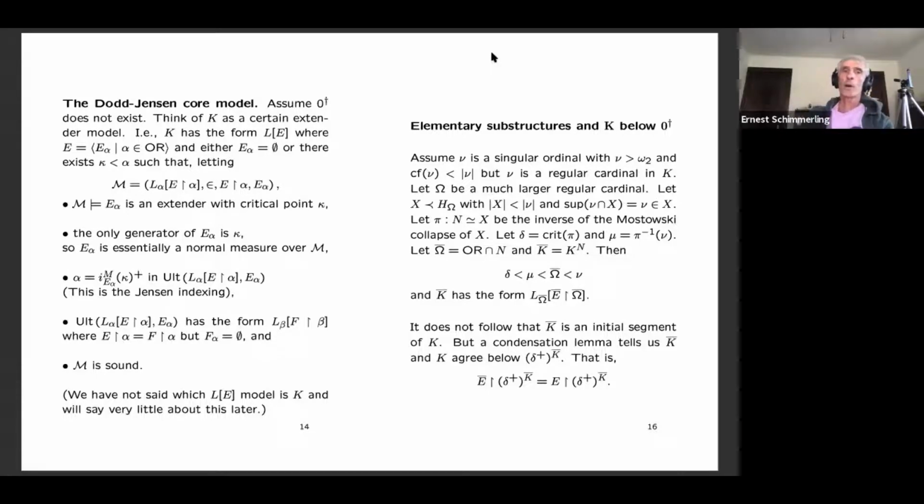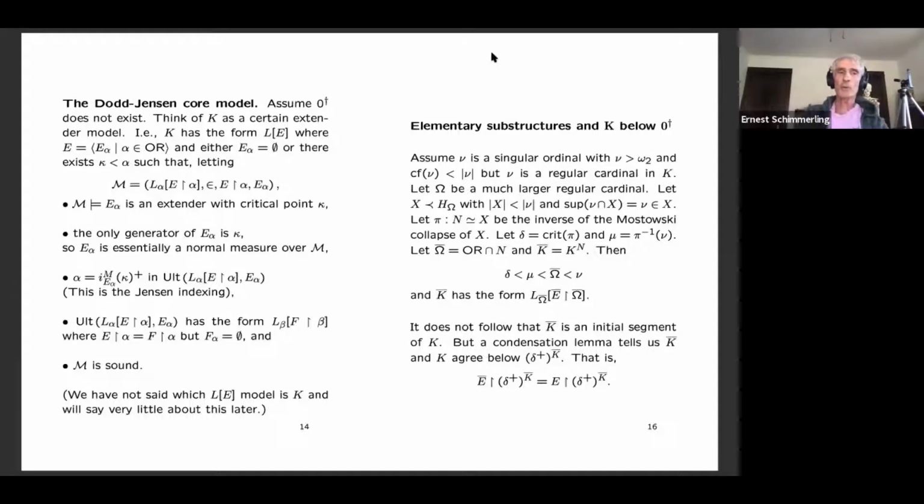And so what does that mean? Well, K has the form L of E, where E is a sequence of extenders indexed by ordinals.